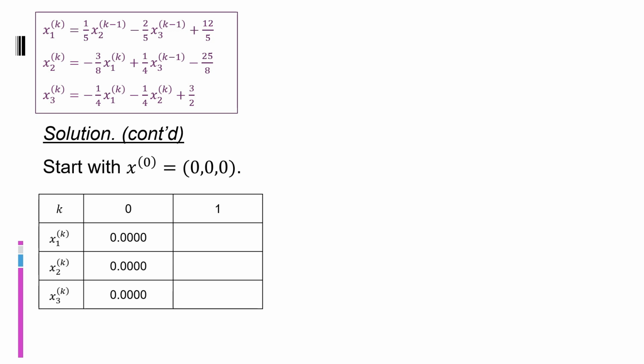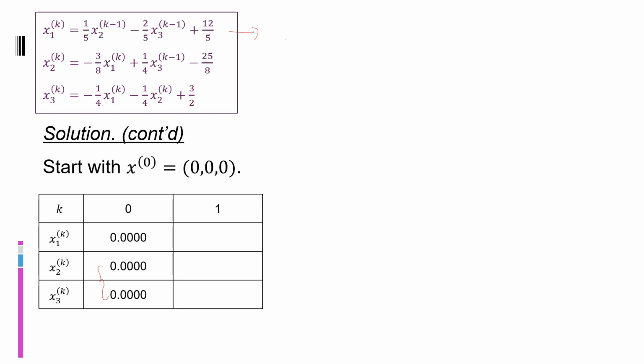And then, para kunin yung x sub 1 natin sa first, k equals 1, so gamitin lang natin itong equation na to, and then isubstitute natin yung value ng k minus 1 natin na x sub 2 tsaka x sub 3. Kasi k natin is 1, so yung k minus 1 natin is 0. So eto yung gagamitin natin.